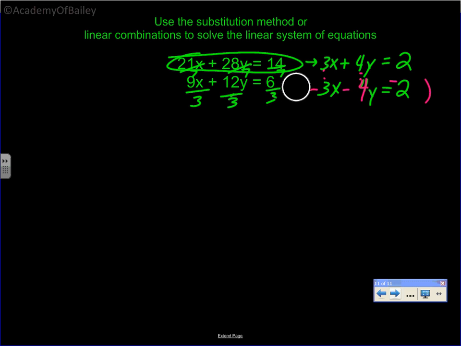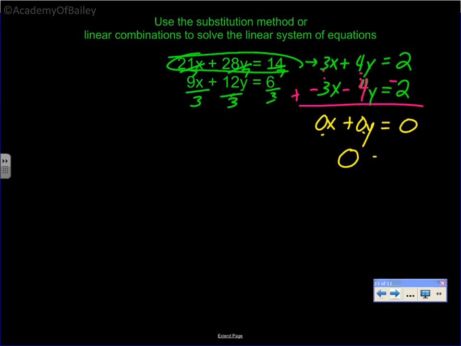So we multiplied everything by -1 to get this bottom equation. Now let's go ahead and add those. 3x plus negative 3x is 0x, 4y plus negative 4y is 0y, and 2 plus negative 2 is 0. 0x is 0, 0y is 0, so 0 plus 0 is 0.